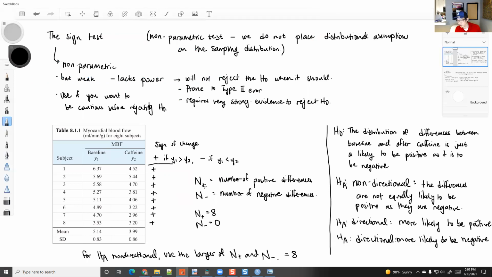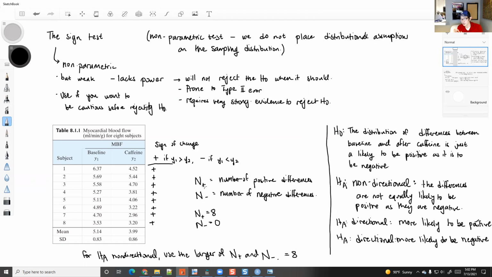Those are subject to randomness. In the null hypothesis, we're saying the population looks kind of like this. When you draw values from the population, we would expect our pluses and minuses to be about the same, but we're not necessarily saying that n plus will be equal to n minus, because we're allowing for some random variation.